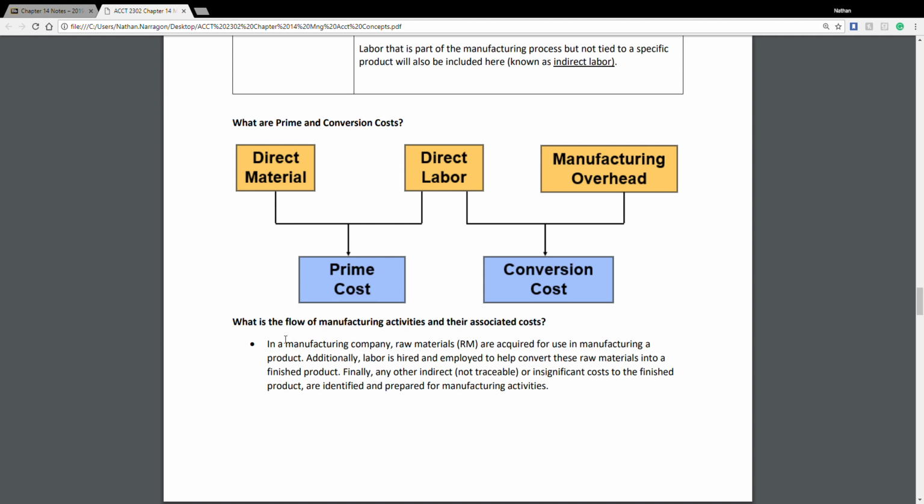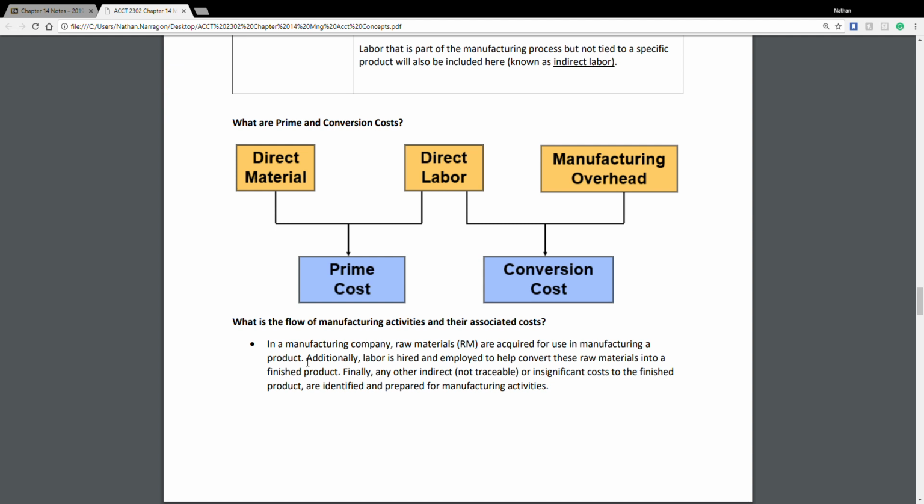So, what is the flow of manufacturing activities and their associated costs? For manufacturing companies, raw materials are required. Additionally, labor is hired to help convert the raw materials. Then other indirect insignificant costs are there to finish the product and prepare for manufacturing activities.